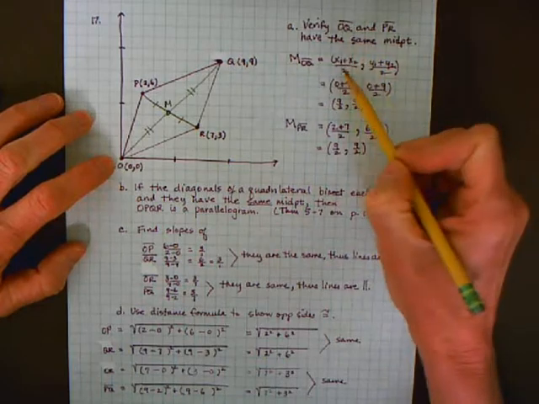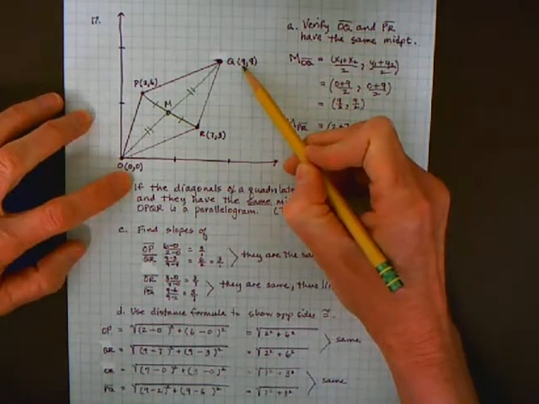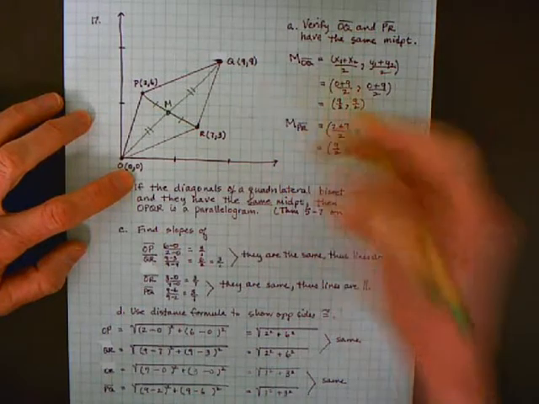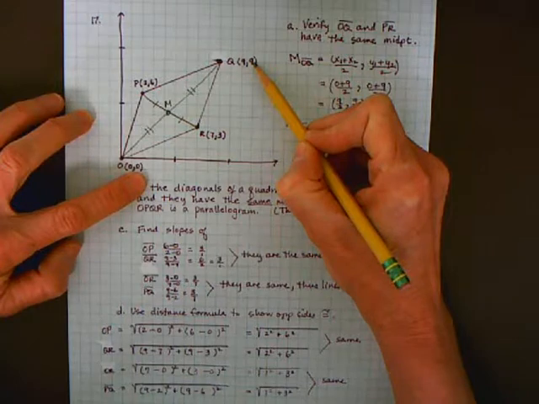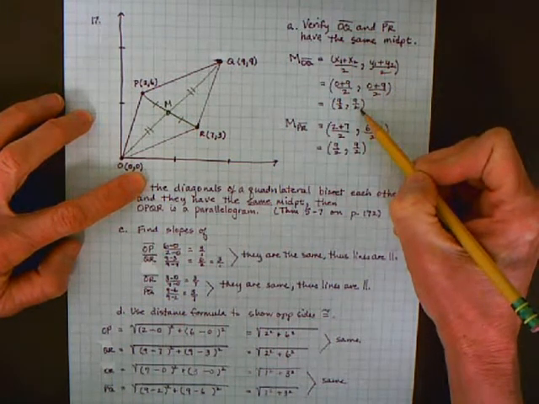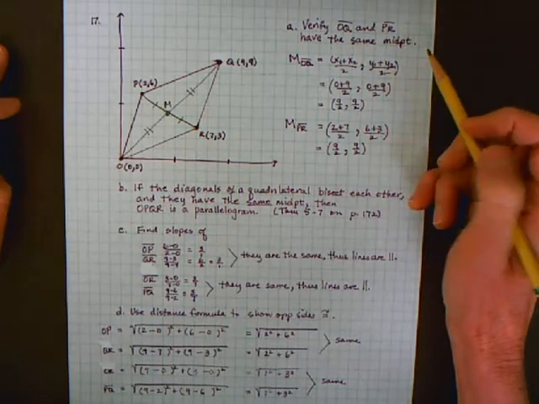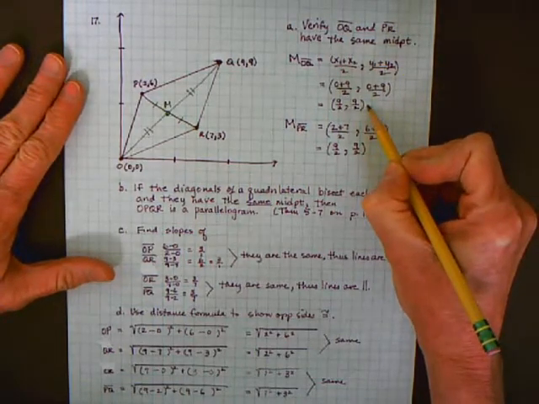So here we have x1 plus x2 over 2. Let's look at these endpoints. 9 plus 0 over 2, that's 9 halves. And then here, 9 plus 0 over 2, that's 9 halves. So the midpoint of OQ is 9 halves, 9 halves. There we have it right there.